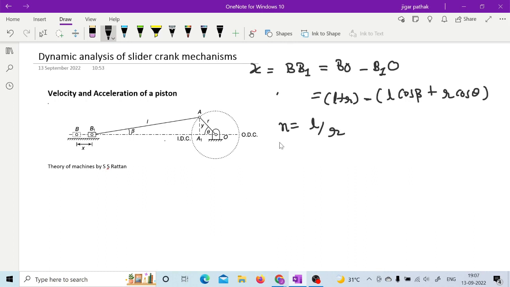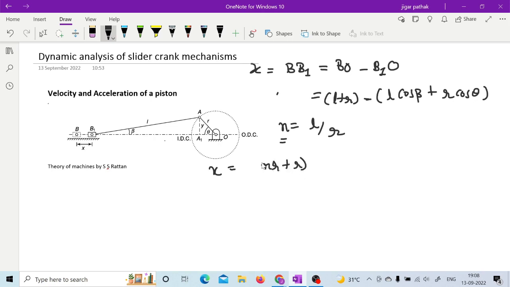In that equation I defined N, or the obliquity ratio, as equal to L by R, where L is the length of the connecting rod and R is the crank radius. Now you can rewrite the above equation by putting L equal to NR.